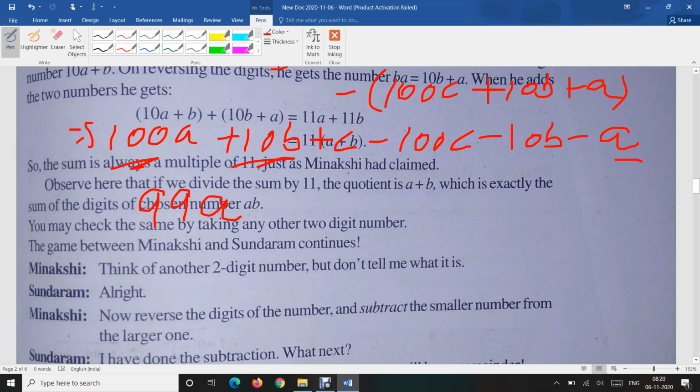This is plus 10B and this is minus 10B, and 10 minus 10 is equal to 0, so it will give 0.